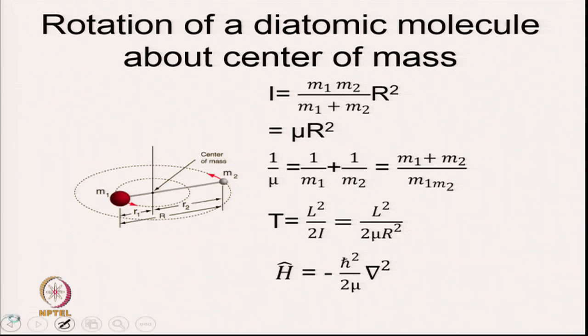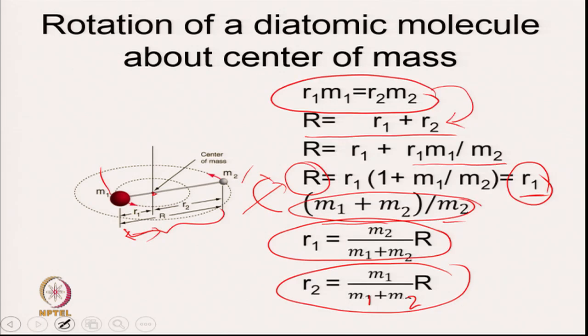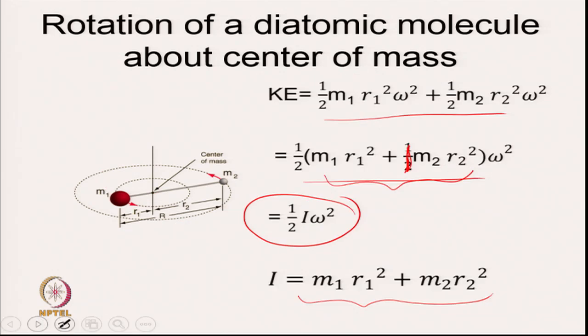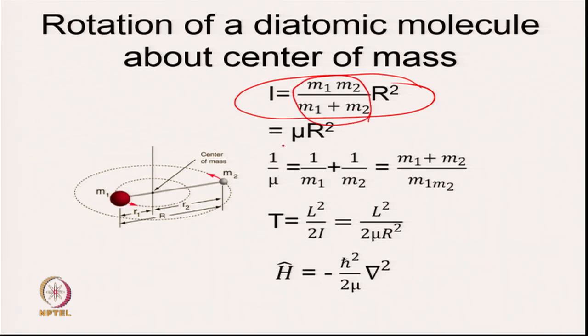So, if you go back, you see I is equal to M1 R1 square plus M2 R2 square, and if you put the value of R1 from here and the value of R2 from here, what you are going to get is I is equal to M1 M2 divided by M1 plus M2 multiplied by R square. This whole thing is called reduced mass and is given by the symbol mu.